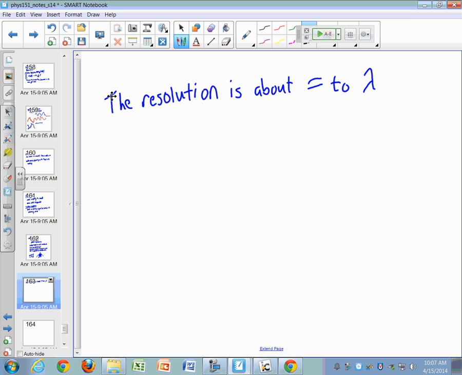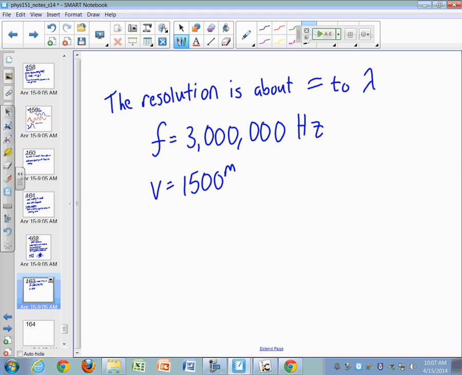So, for example, if I have a frequency of 3 million hertz, and I have a speed of 1,500 meters per second, that's just the speed that it would travel in this particular body part or whatever in the mother's belly, then I can calculate the wavelength.